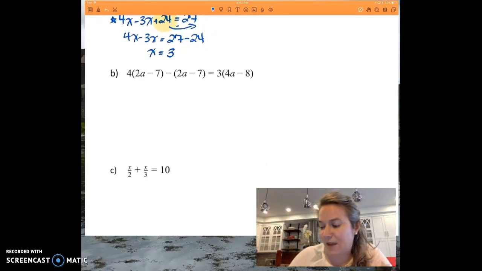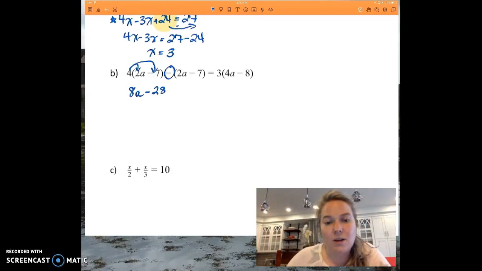Again, we need to do some expanding of brackets. So I've got 4 times 2a, 8a. 4 times negative 7 is negative 28. Now here's an interesting one. Remember, when we have a negative in front of the brackets, we have to treat it as if it's negative 1. We have to expand the bracket with the distributive property anyway.